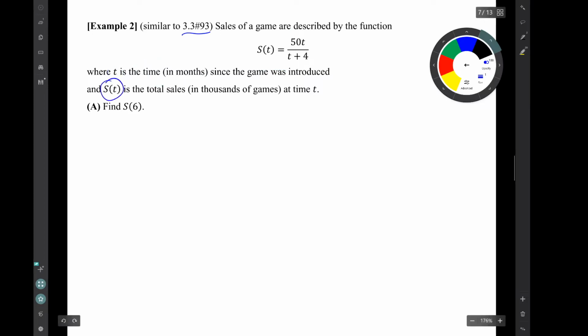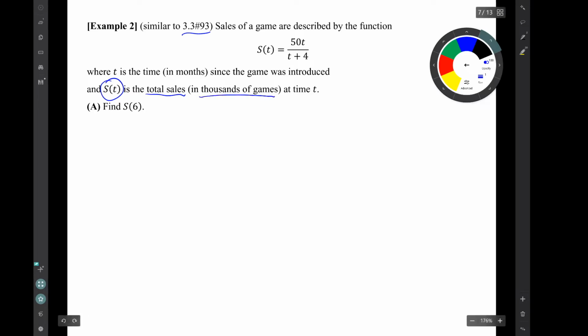S of t is the total sales. Now sales, that jargon, total sales, is used in different ways in different situations. Sometimes the word total sales means the total amount of money that you made from sales. That would actually be revenue. But in this problem, total sales is said to be in thousands of games.